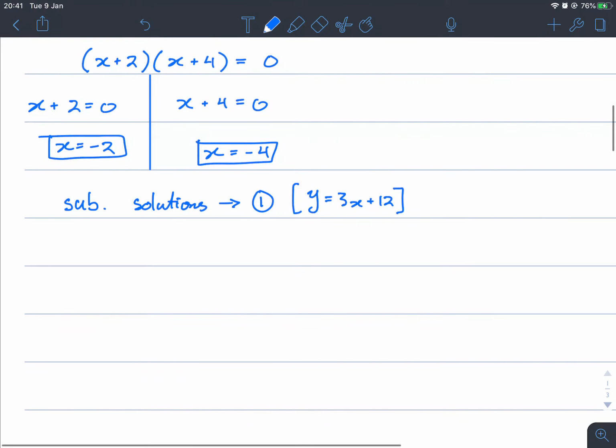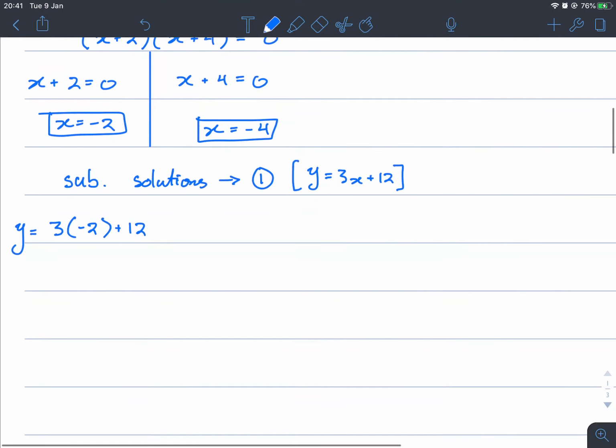And now I'm going to substitute x equals -2 into this equation. So we get y is equal to 3 times -2 plus 12. This gives me -6 plus 12 equals 6.